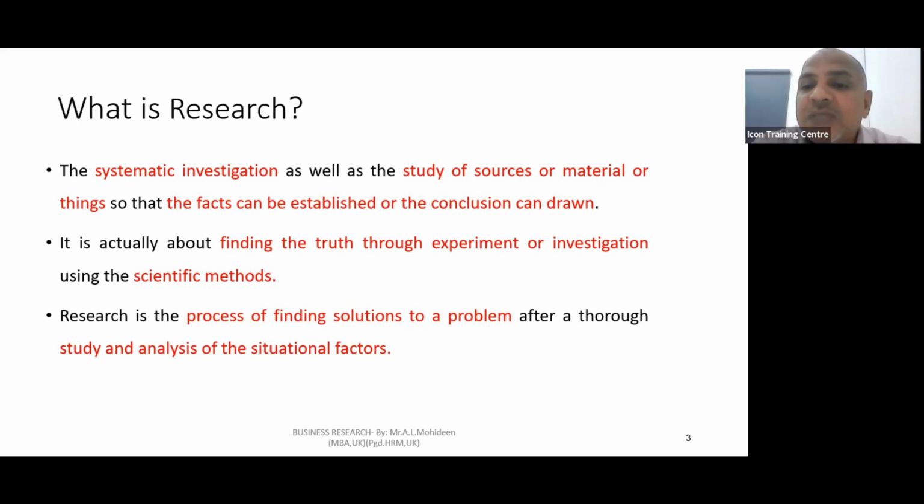By studying these materials and sources and things, you will come to draw a conclusion. Finally, you will know this is what you have found out. So after investigation, but the investigation should be systematic. That is what research methodology is, the systematic investigation, right?